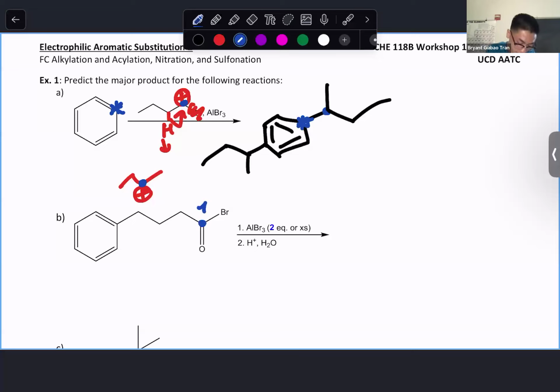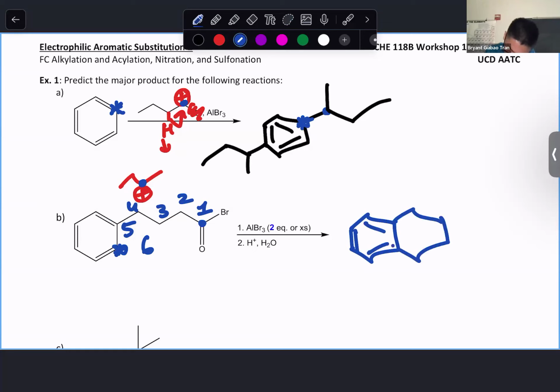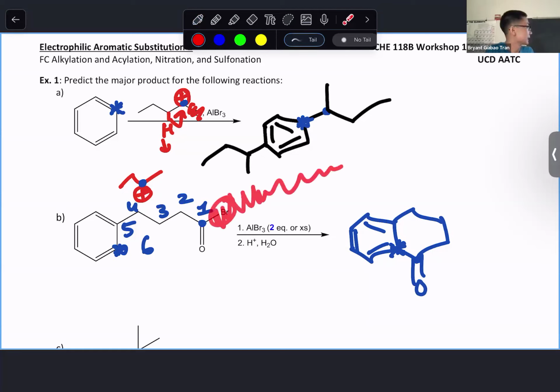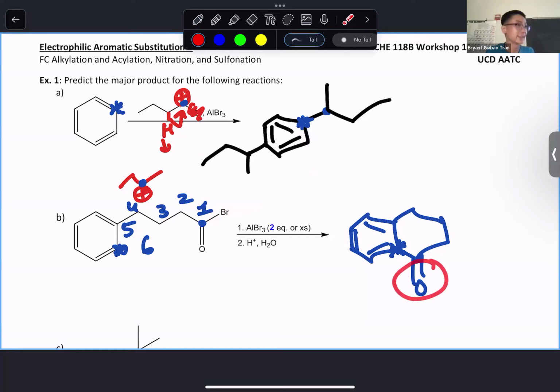So let's say this is carbon 1, 2, 3, 4, 5, 6. Our most likely nucleophile is this carbon here that makes the 6-membered ring. When I draw that out, I make a 6-membered ring like that, where we star that atom and dot that atom right there, and the dot atom was the carbonyl carbon. The bromine leaves in the mechanism somewhere, but the carbonyl stays there.